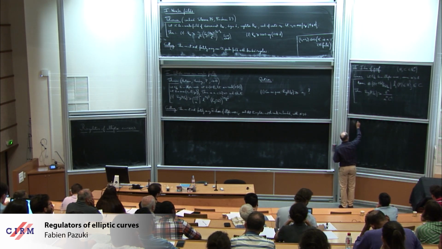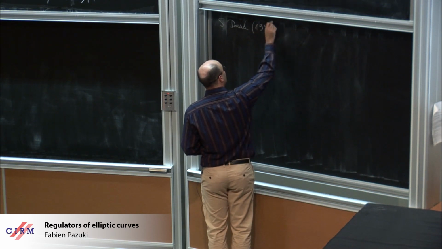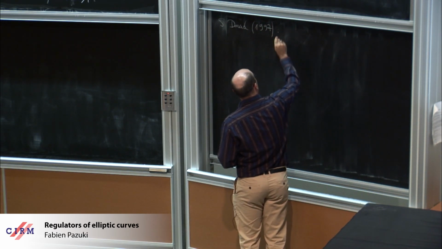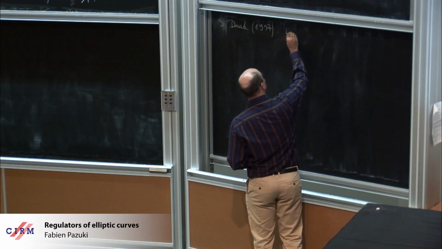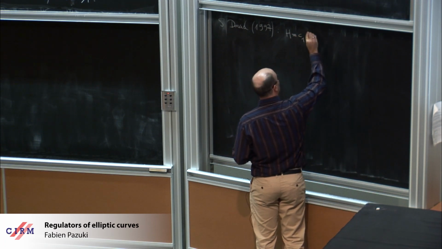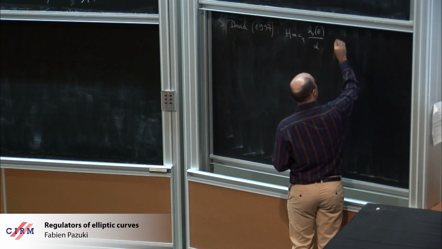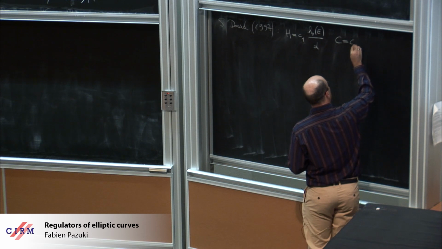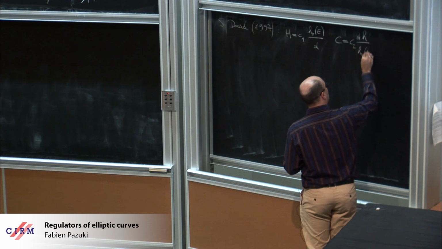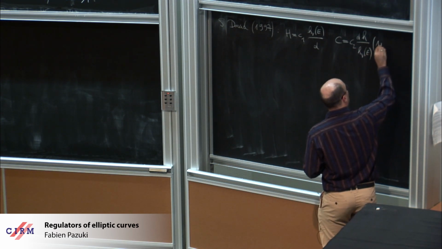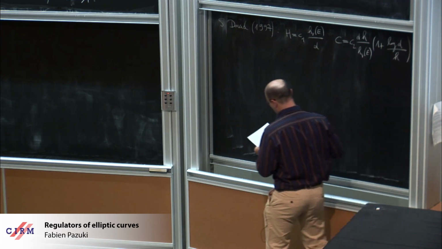So Sinou David in '97 gave the following counting result. He has H is C1 V over D, and C is C2, where C1, C2 are universal positive constants, is DH, H V, 1 plus log D over H. So what is HV?